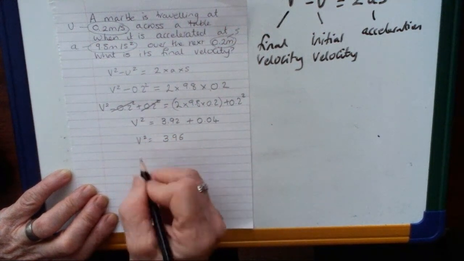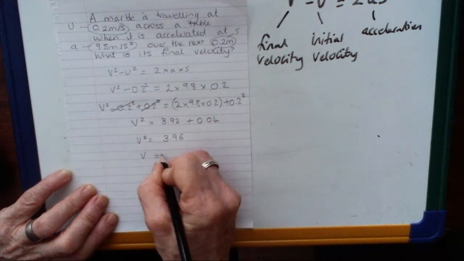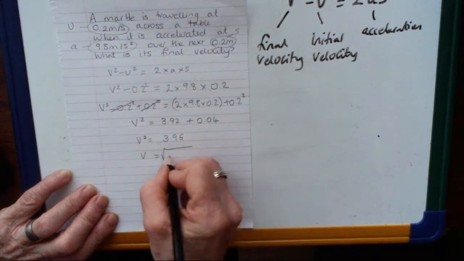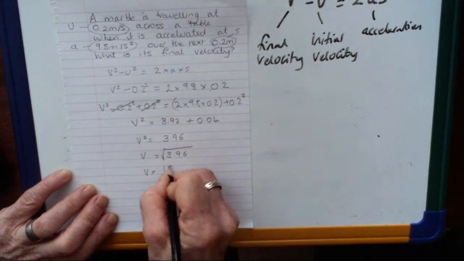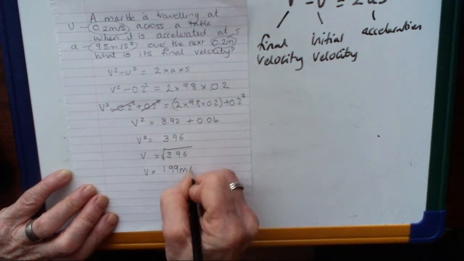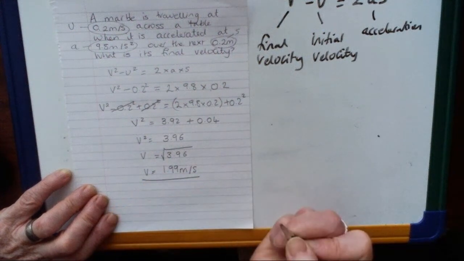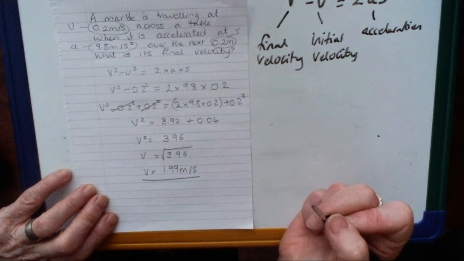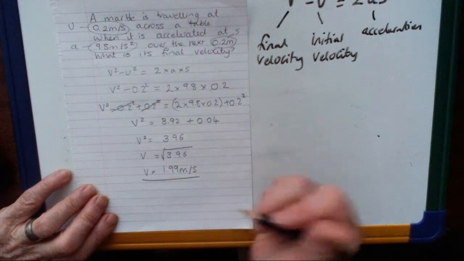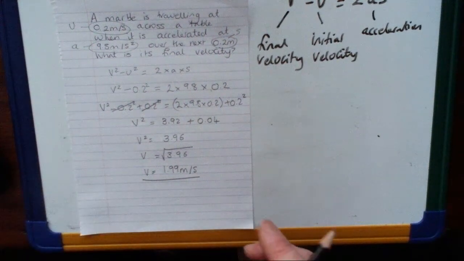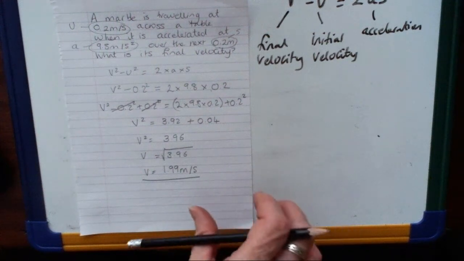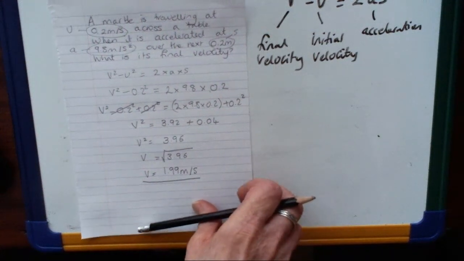Okay, so to get v on its own, I'm going to square root that, so the square root of 3.96, v equals 1.99 meters per second, and then I'd probably just run through and check the maths again if that was your question.